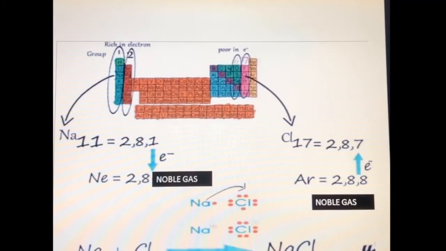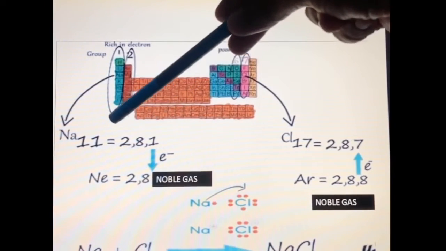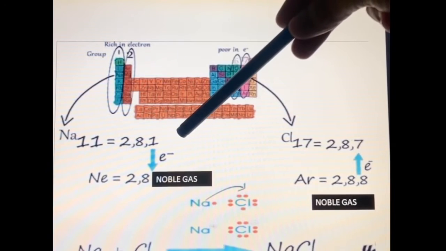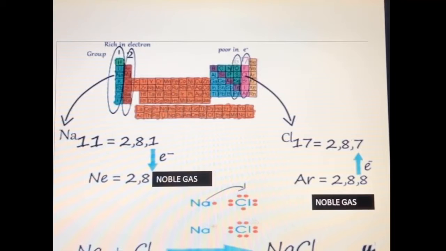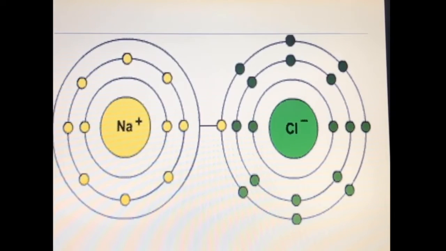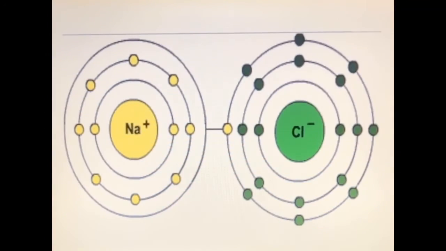The example of a metallic element is sodium, having one electron in valence shell and the tendency to lose an electron to get a positive ion and become Na plus, the cation of sodium. Example of a non-metallic element is Cl, having configuration 2, 8, 7.